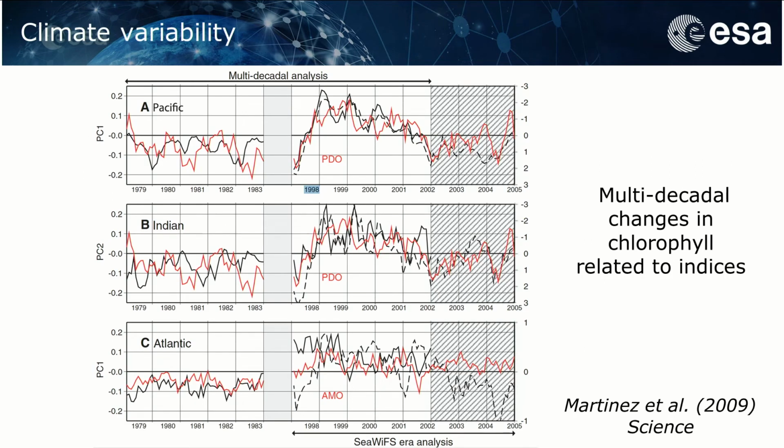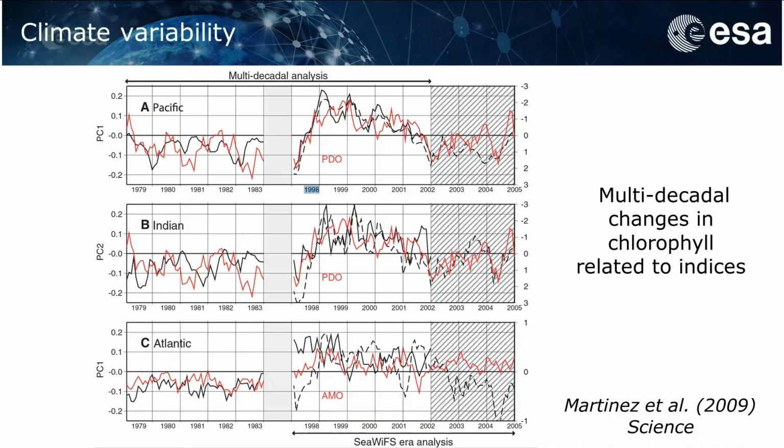Okay, so I'm jumping back now to Elodie Martinez's paper in Science, where she was comparing the CZCS data with data from a similar period in SeaWiFS. So this is a 20-year comparison. And what she showed quite nicely in this paper is that the principal components of the time series were quite closely related in different regions to these climate indices.